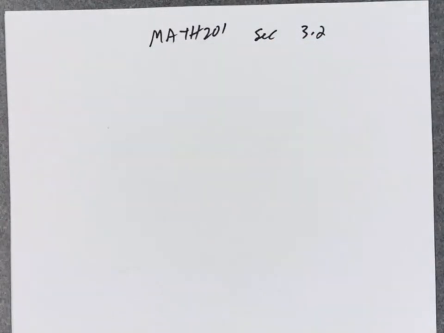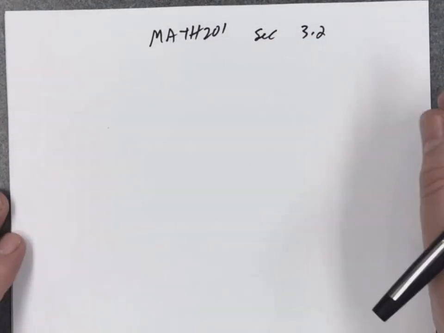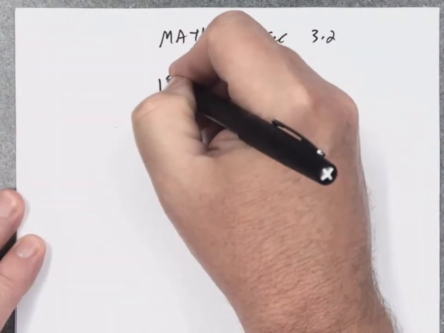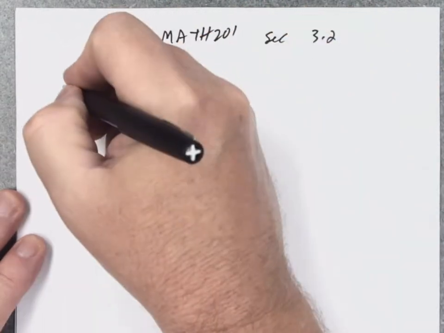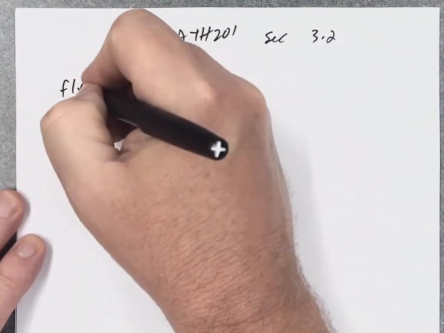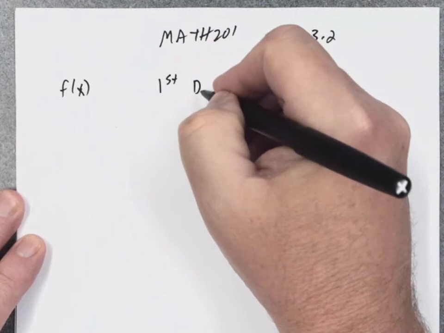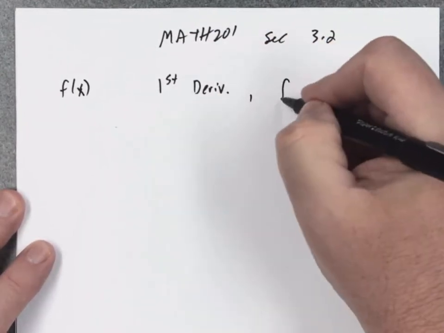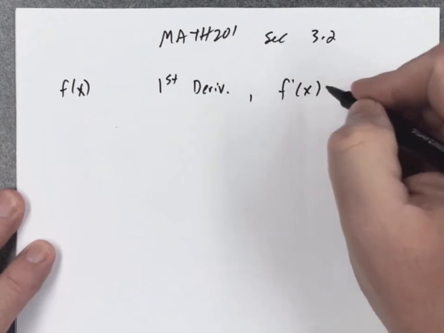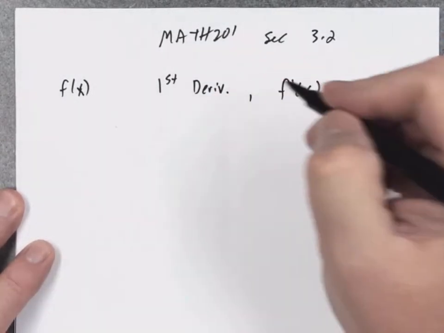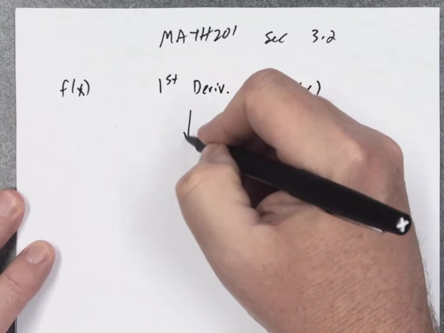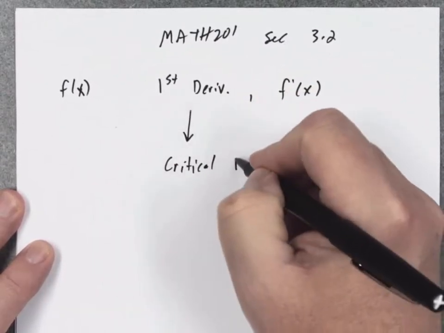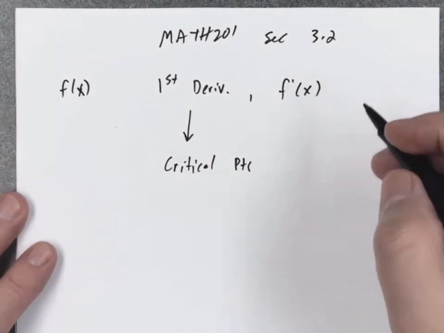In the last section, we talked about how we can use the first derivative. So you start out with a function, and if you take the first derivative, which we can designate f prime of x, from the first derivative we learned how to determine the critical points of the function.